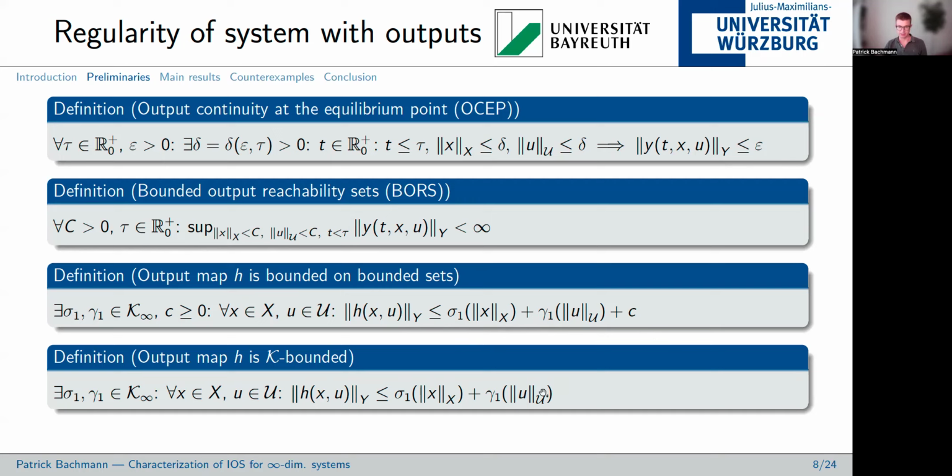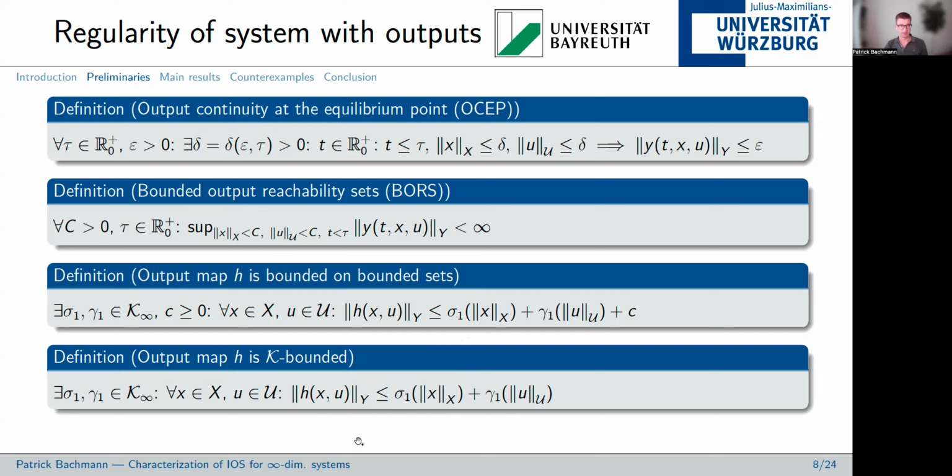This is stronger because it just means that this parameter C is 0, which basically means that when input and initial state are 0, then also the output must be 0.